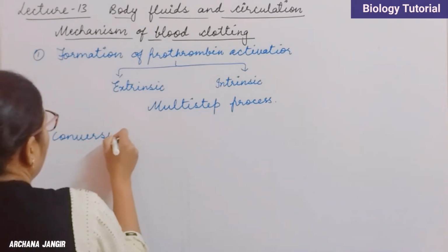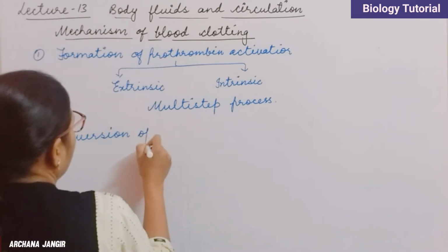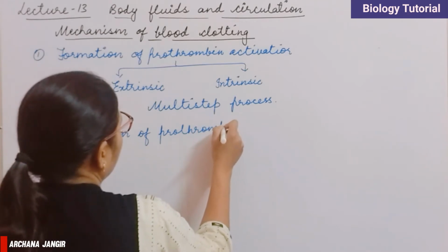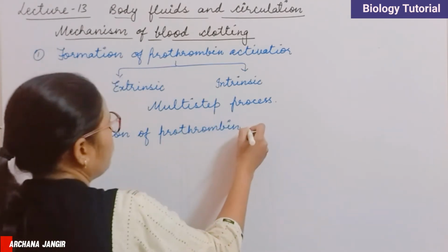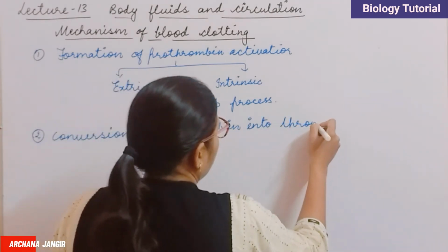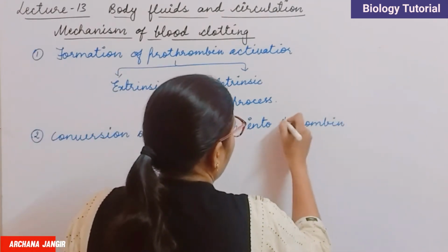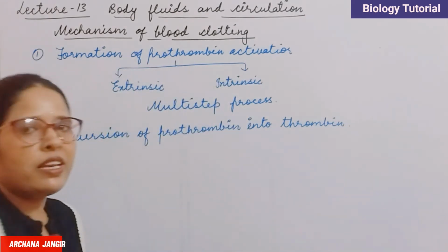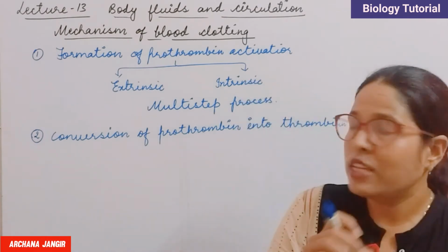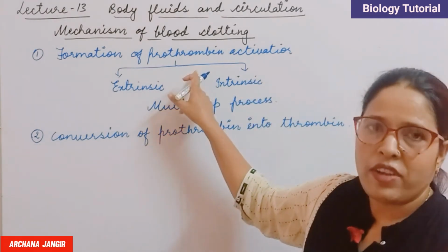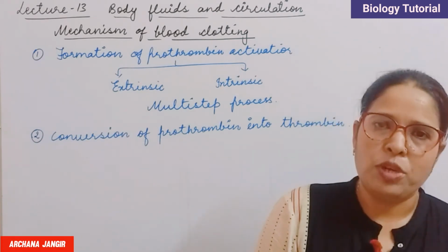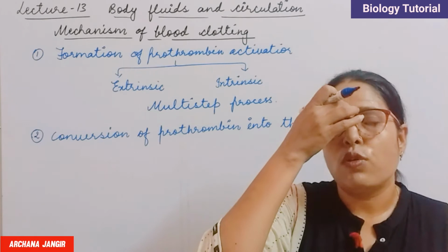Clear? In this process prothrombin is converted into thrombin in the presence of prothrombin activator, which is formed in the first step, and calcium ion, which is factor 4, is also responsible for this conversion.